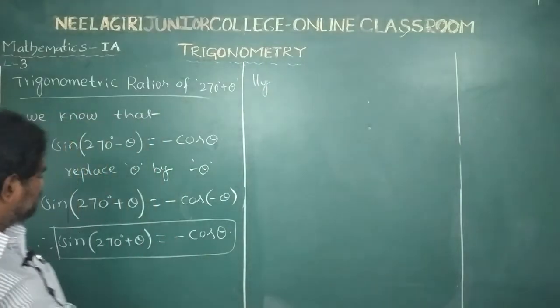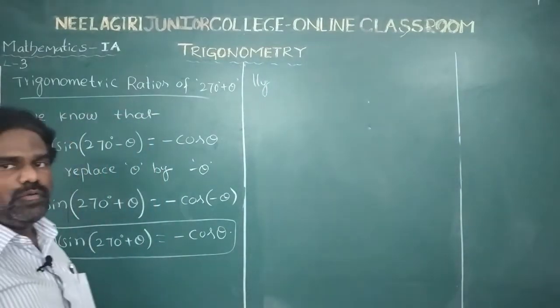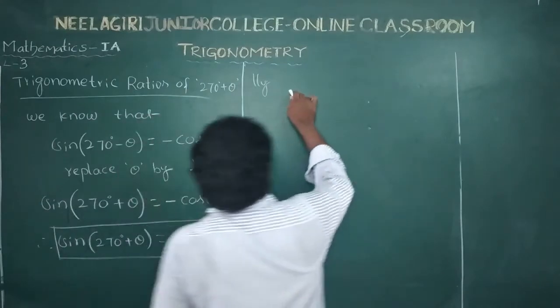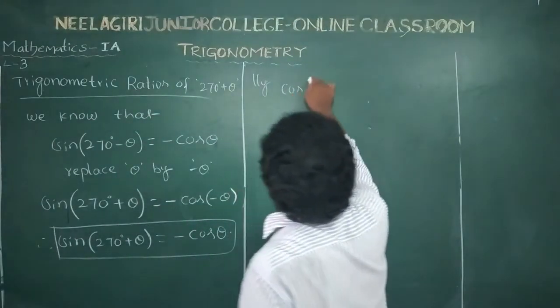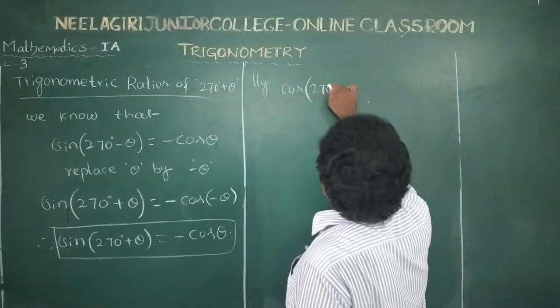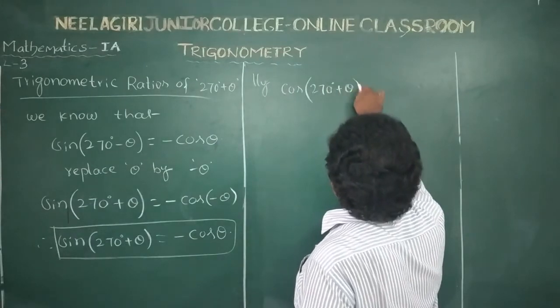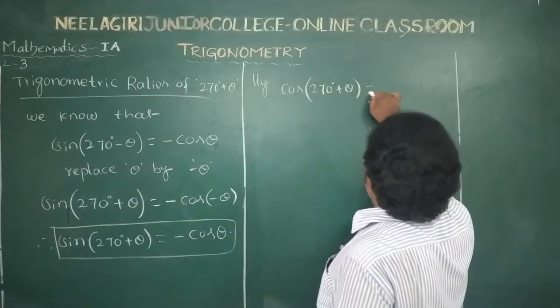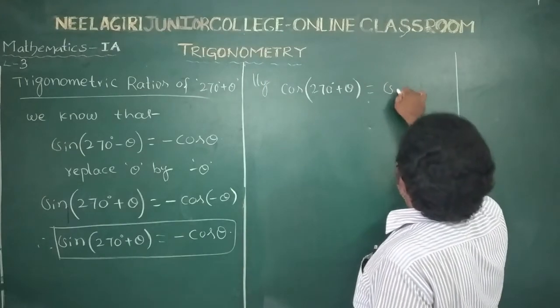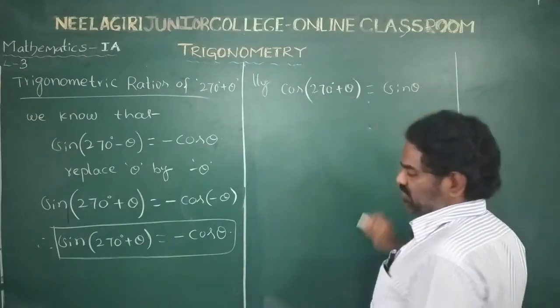Similarly, we are going to write cos of 270 plus theta equals plus sin theta.